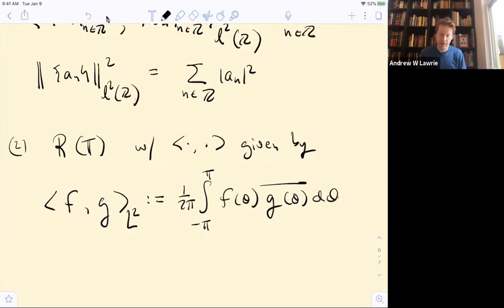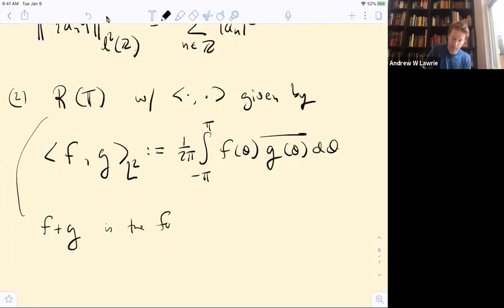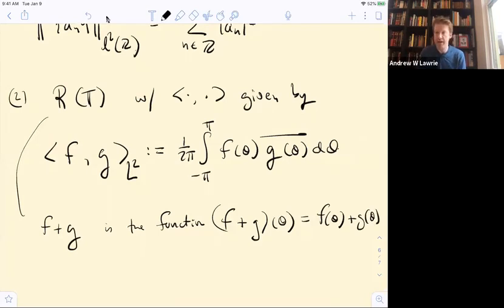So this is a Hermitian inner product. And to think of this as a vector space, we can add two functions together. So f plus g is the function defined pointwise by adding the elements. And lambda times f is the function whose value at theta is lambda times f of theta.